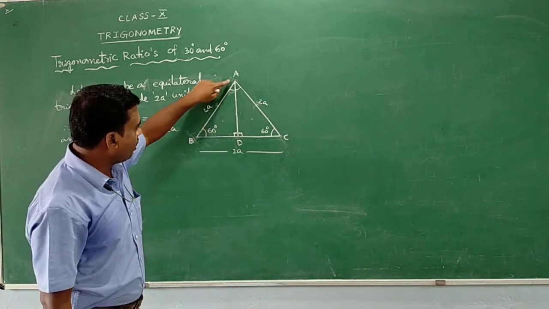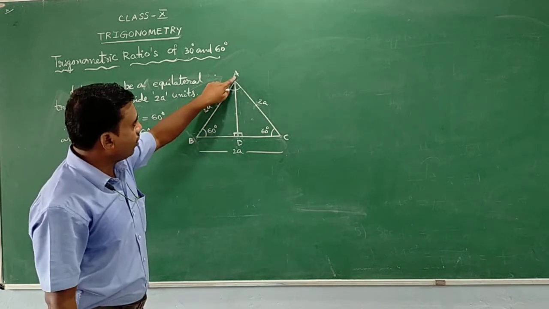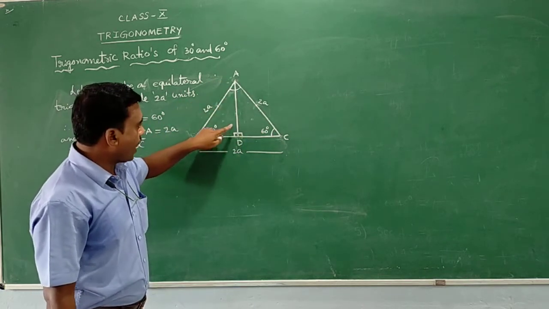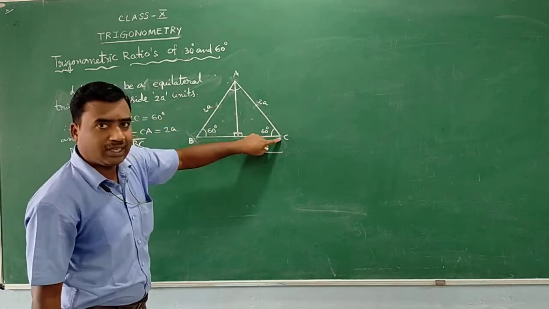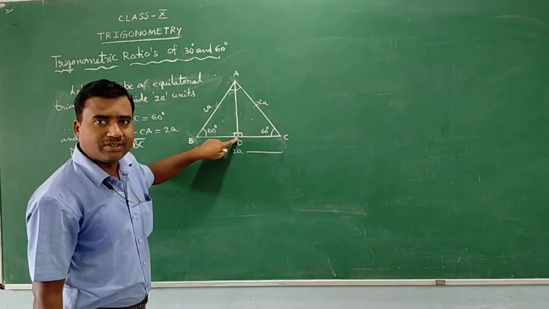So in triangle ABD and triangle ACD, angle D is 90 degrees, AB is equal to AC, and AD is the common side.